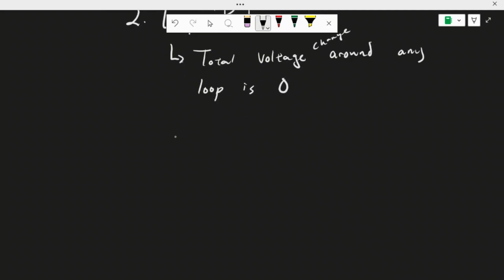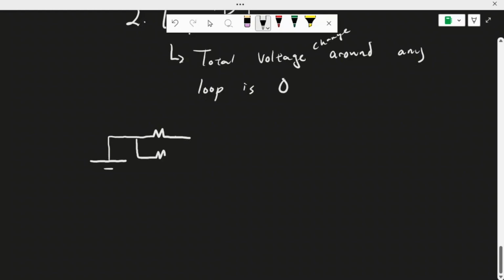So what that means is if I have a cell going this way, and then I have, let's say, some resistor here, and I have another resistor here, and then this is going to come back down and go in here. So I basically have the same parallel circuit that I had before.